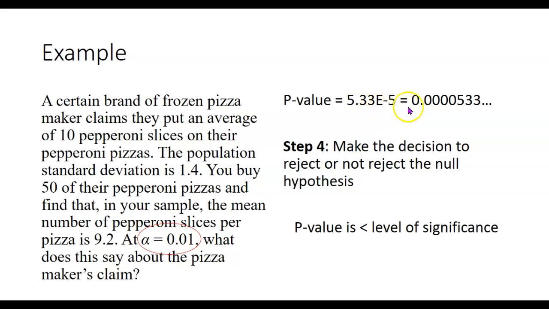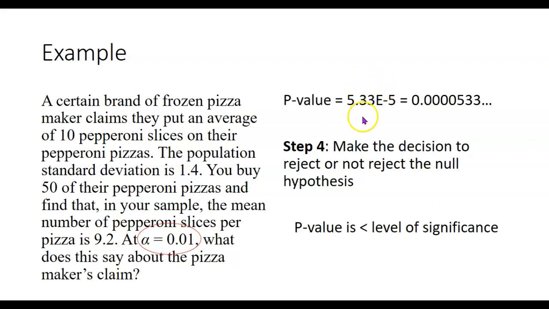The p-value represents the probability that you could get results like this from your sample if the null hypothesis were true. So what's going on here is, if this null hypothesis were true, we'd only have like a 0.000053 probability of getting a sample mean that was this far away from 10 if the population mean really is 10.